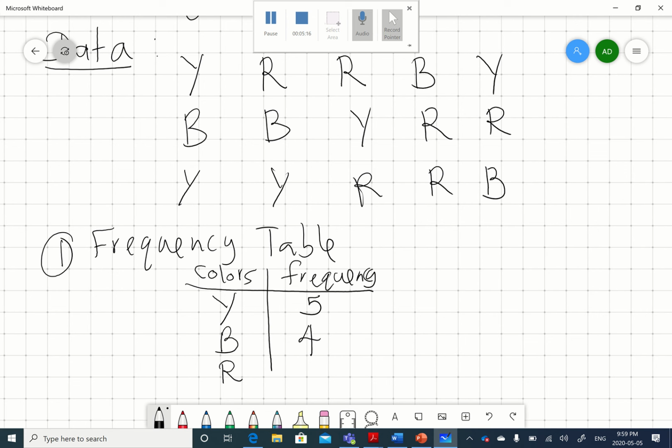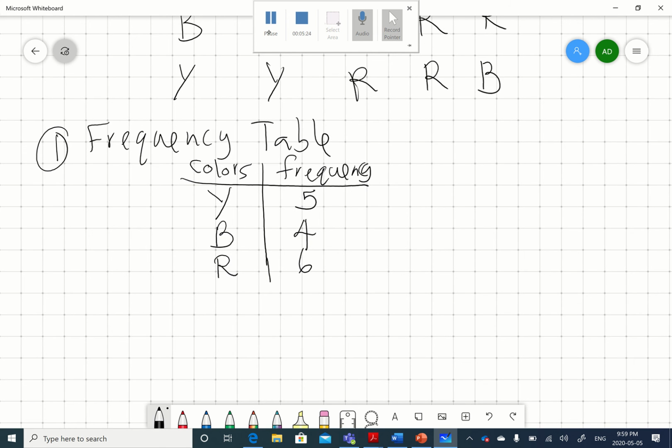And then red, 1, 2, 3, 4, 5, 6. So you can double check whether you missed anything by just adding the frequencies. It should add up to the total number of people. Here you go, very easy, right? So this is your frequency table.